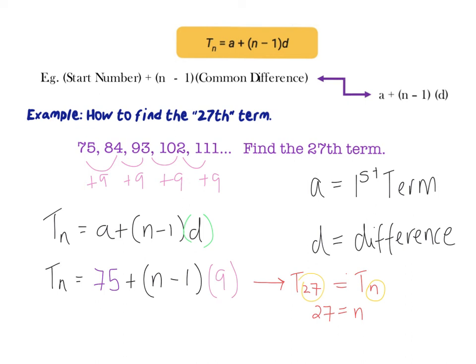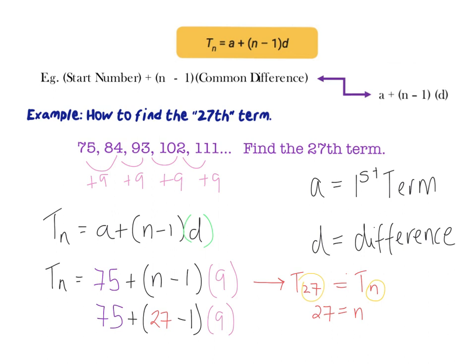So we fill in 27 for n. So we'll say 75, we'll keep our colour theme, 75. And what we're doing with this 75 is we're adding n, which in this case is 27, take away 1, because that's part of our formula, times 9. Now, when you put that into a calculator, you're going to come out with an answer.